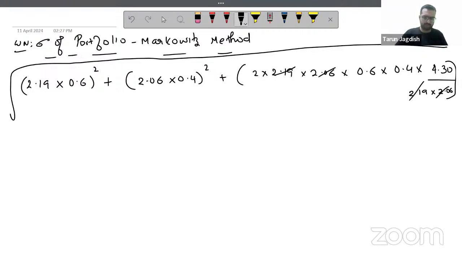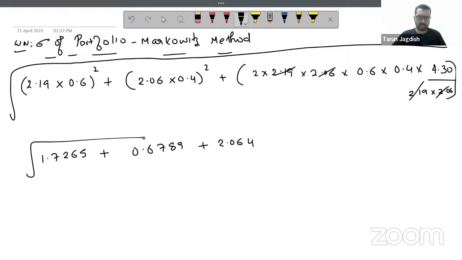2.19 into 0.6 the whole square will be 0.6789, plus 2 into 0.6 into 0.4 into 4.3, that is 2.064, the whole square root.